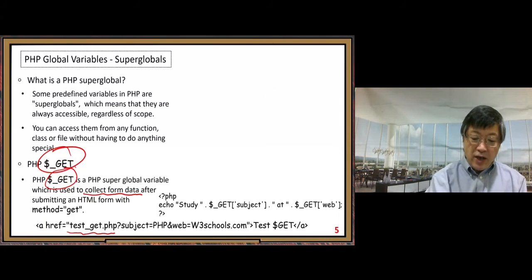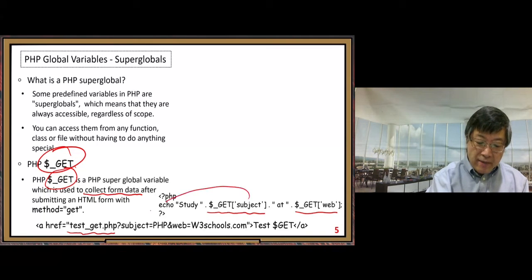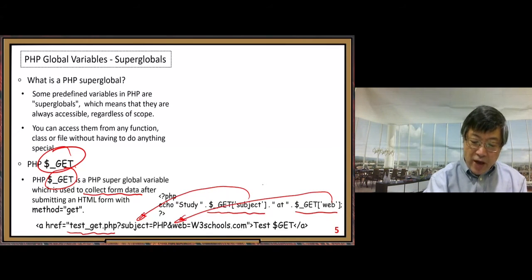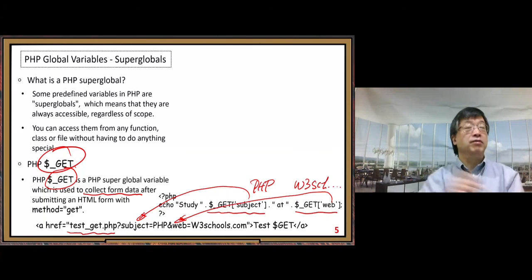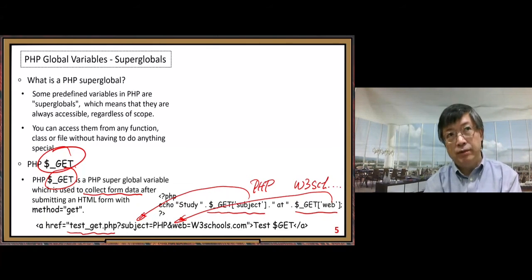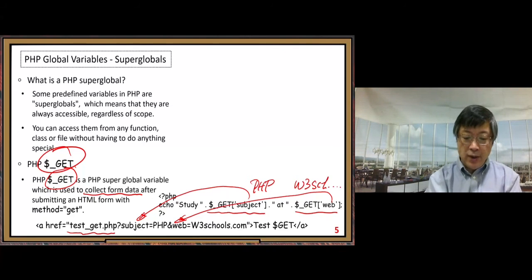Here you can see at the server side, when we need to retrieve data, we use this super global with the parameter name, and the parameter value will be retrieved. So here, PHP value retrieved. Here, W3 school value retrieved. That's simple. So that's the simple way we use it.